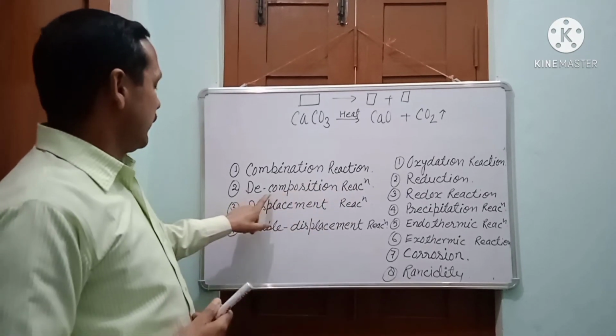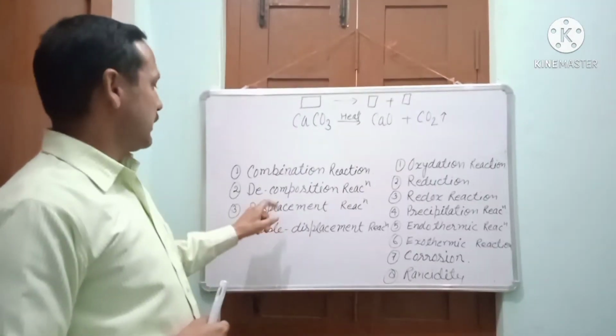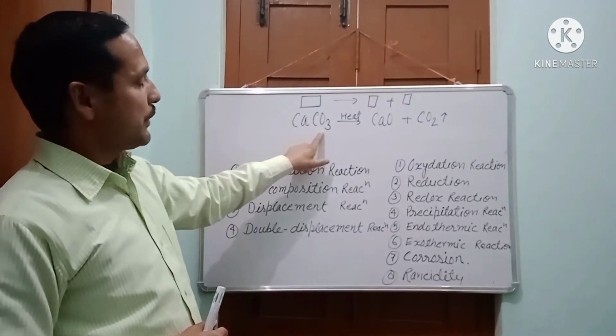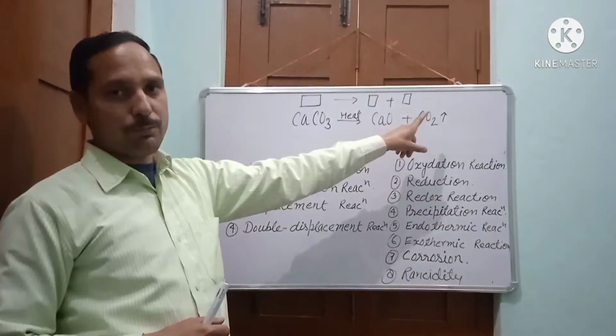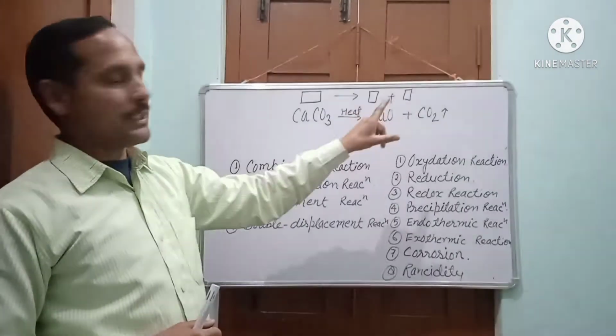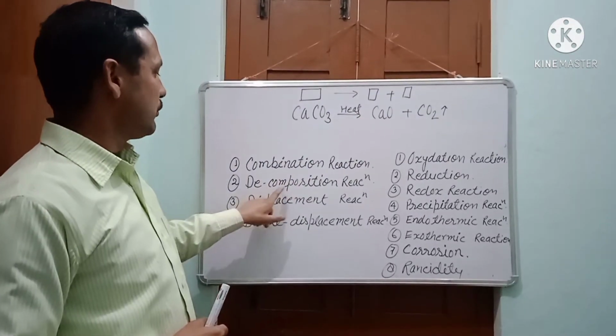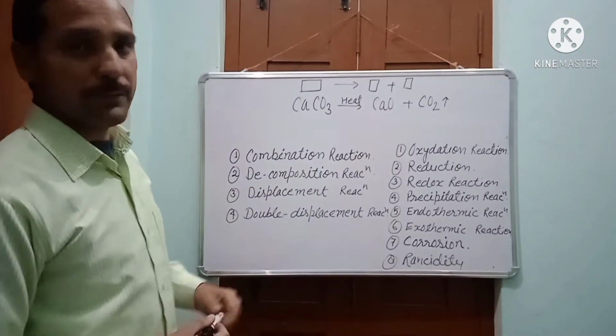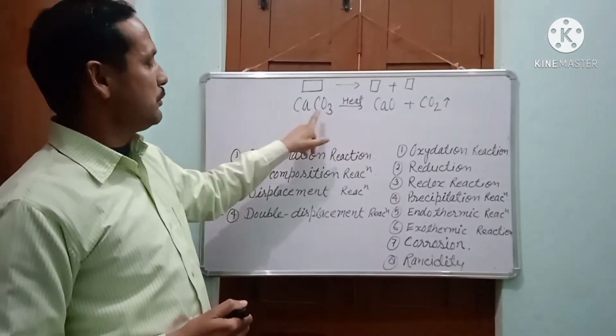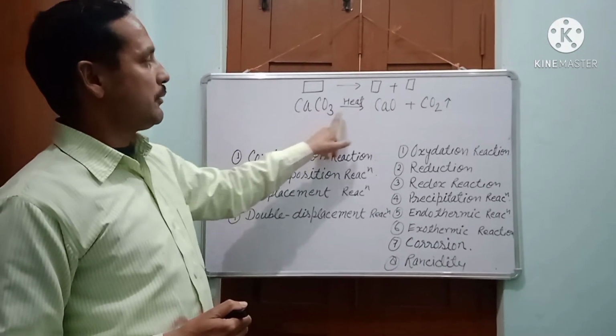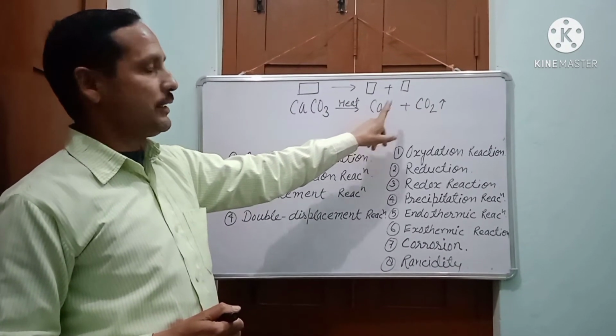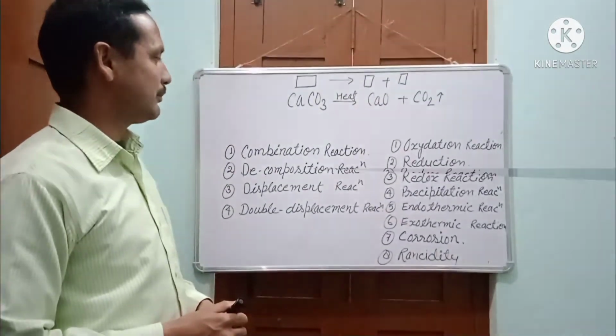Once again, any chemical reaction in which a single substance breaks down into simpler components or simpler substances is called decomposition reaction. Example: when heat is applied to calcium carbonate, it breaks down into calcium oxide and carbon dioxide.